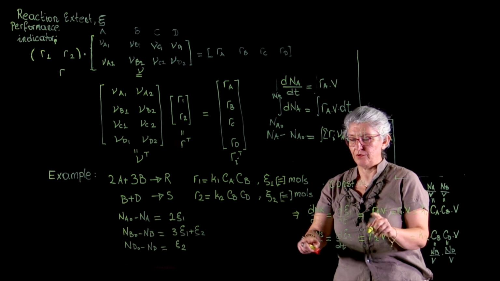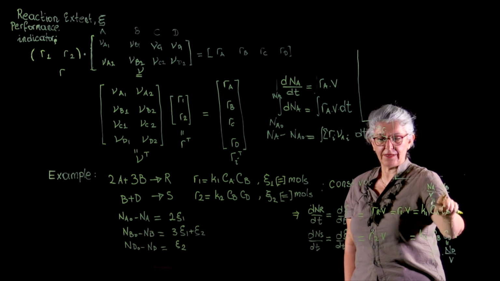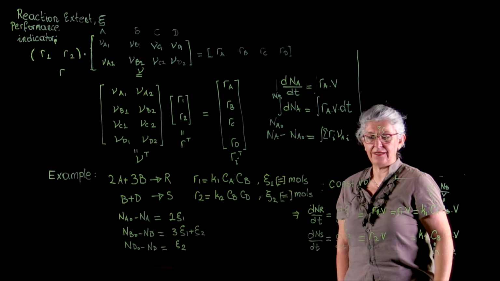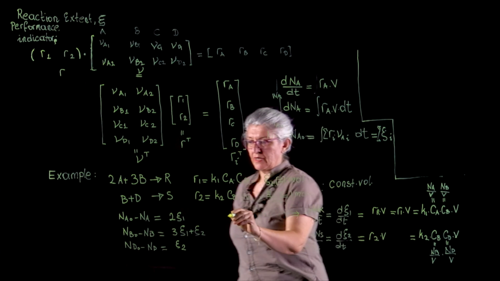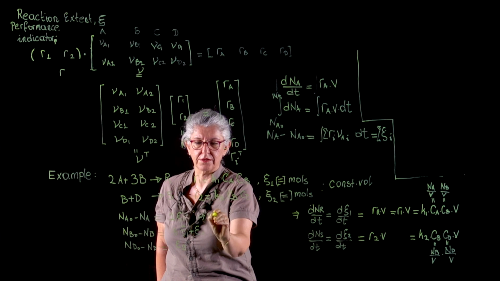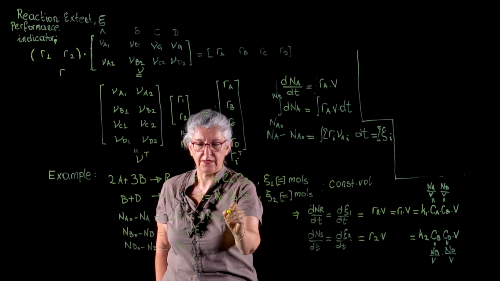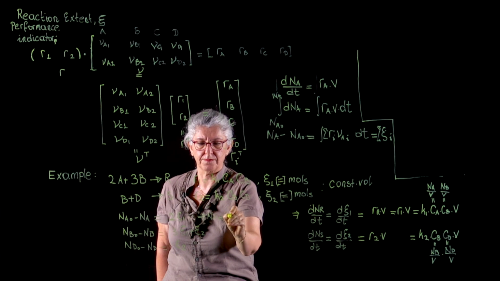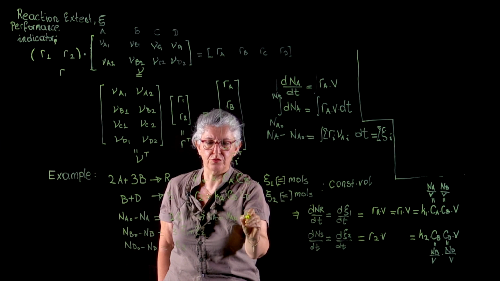Using our cleaned up version of our board, let us define Na, Nb, and Nd in terms of psi1 and psi2. Na is equal to Na0 minus 2 psi1.